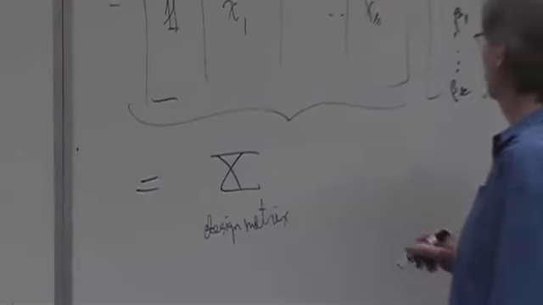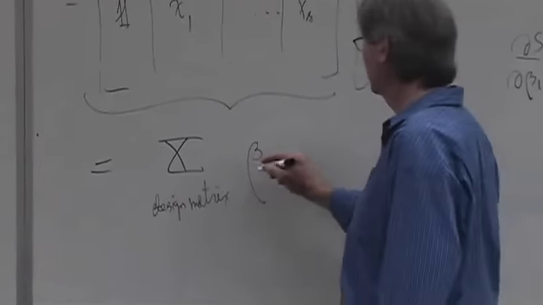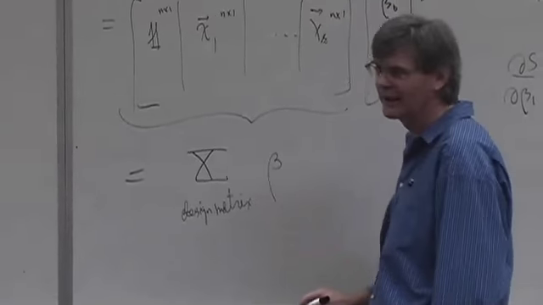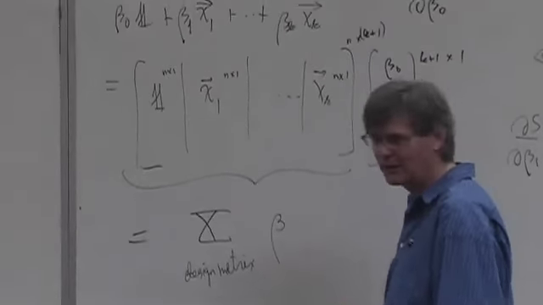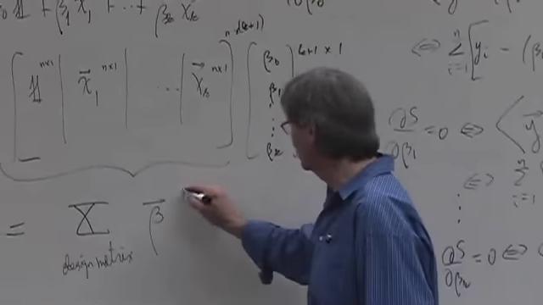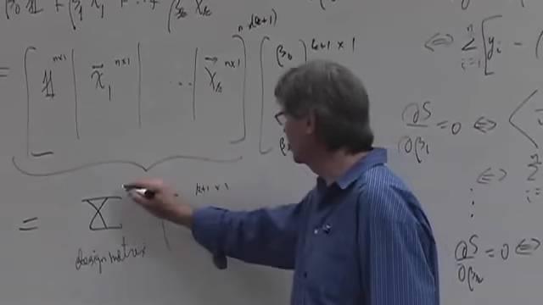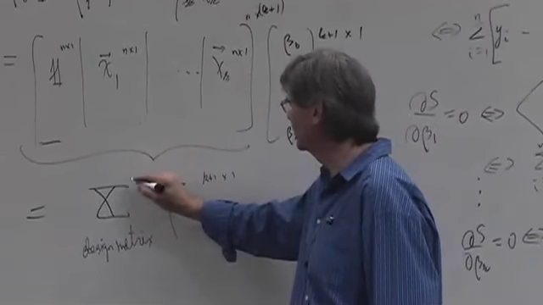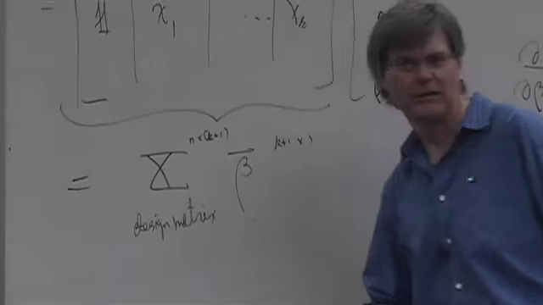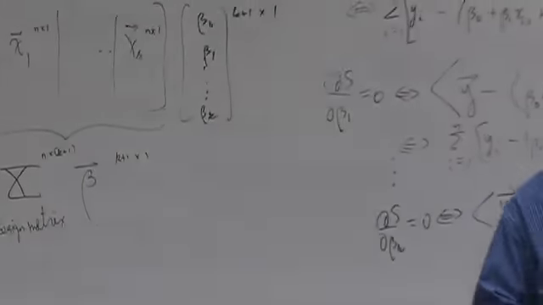And then you have times beta, the vector of parameters, which should be bolded to indicate that it's a vector. I'll put the little arrow on it here. So that's a k plus 1 by 1. And this is an n by k plus 1. There are k plus 1 columns in that matrix.